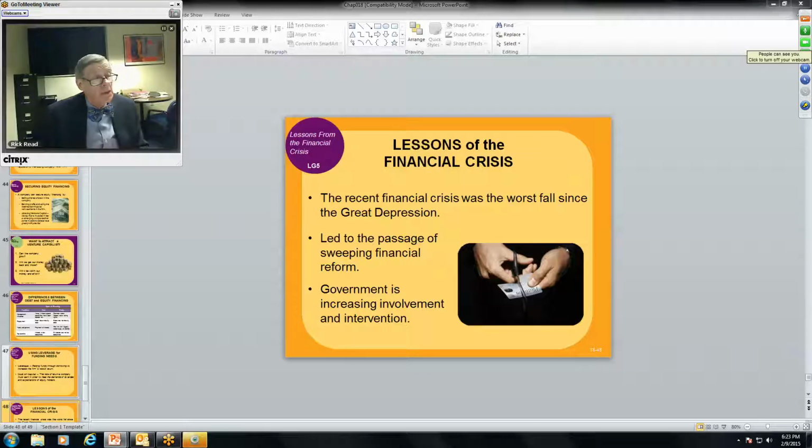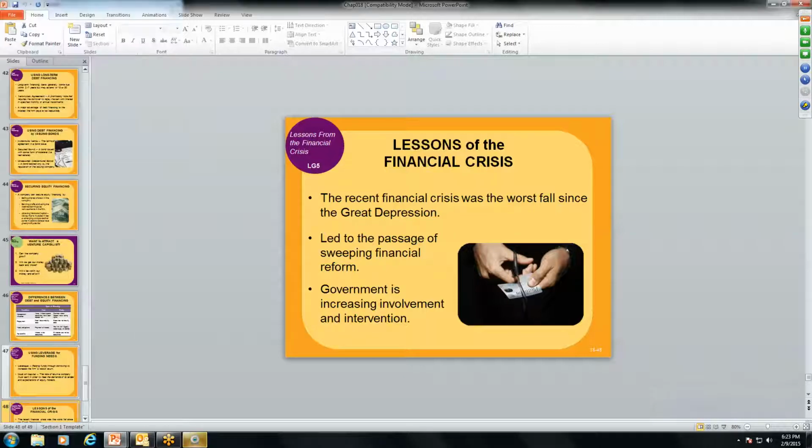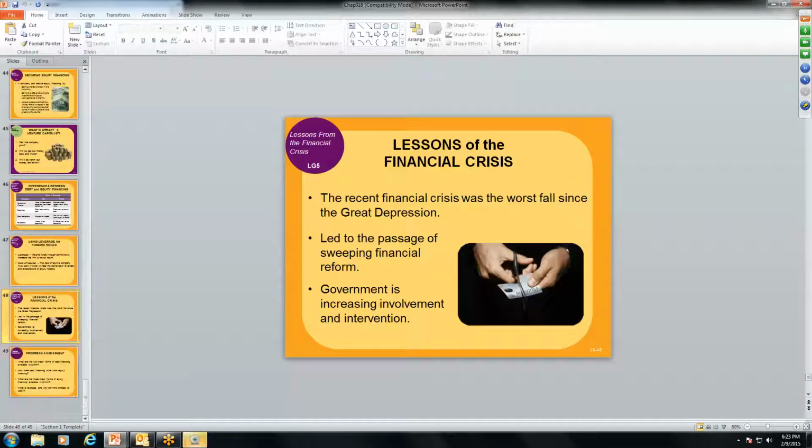I will be very surprised if Dodd-Frank survives in its current form for a very long period of time. We have a new Congress, and the makeup of this Congress is not regulation friendly. So that's something we need to prepare for and look at and understand that the landscape may be changing.